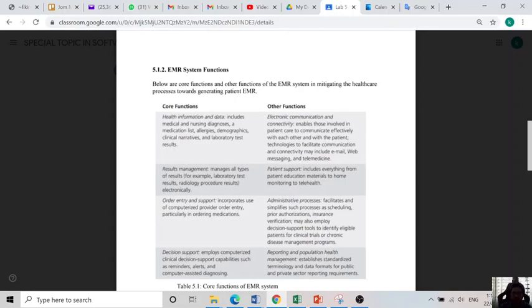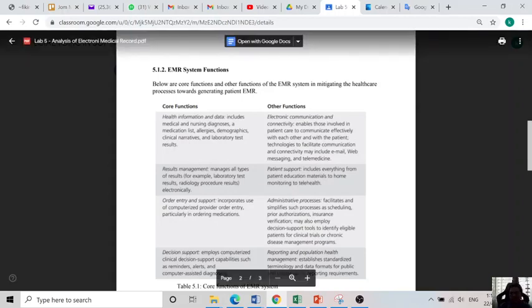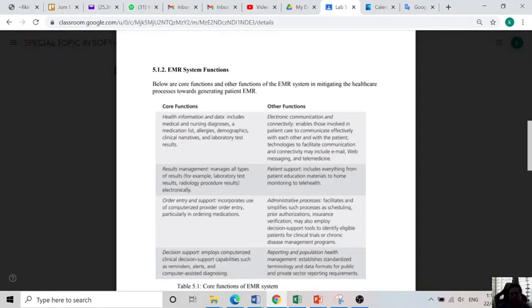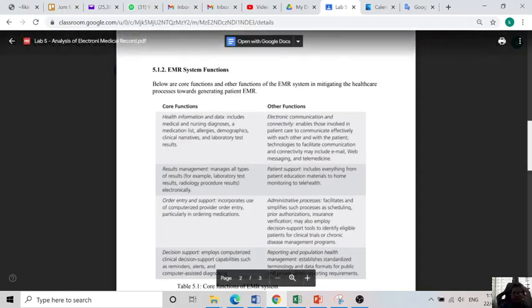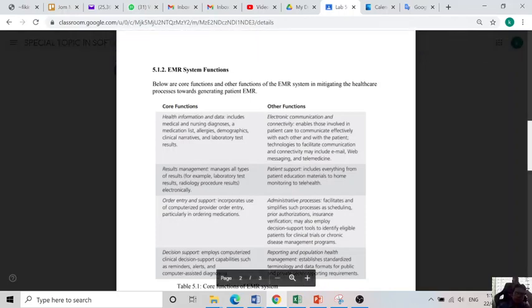Another function is electronic communication, patient support, emergency process, reporting, and population. These are sub-core functions of the EMR.